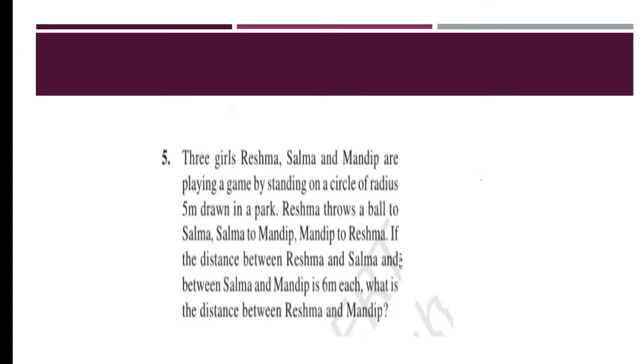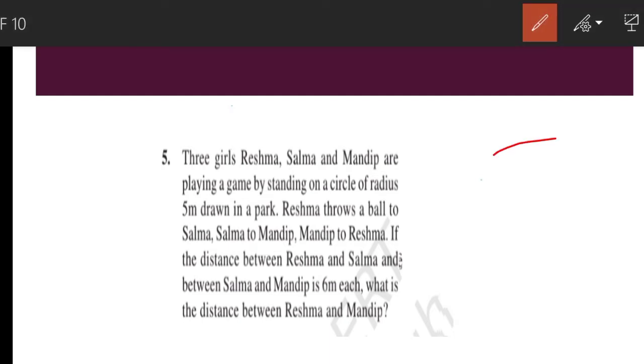Next, move on to the next sum, that is: three girls, Reshma, Salma, and Mandeep, are playing a game by standing on a circle of radius 5 meters drawn in a park. So we have a circle, and in this circle the girls are standing at the edge of the park.